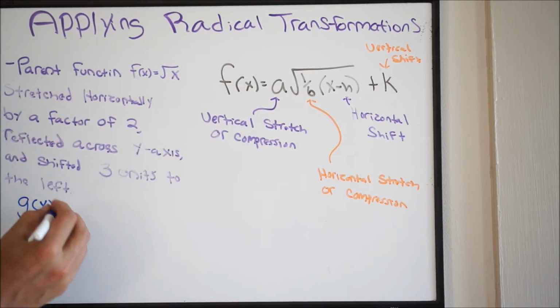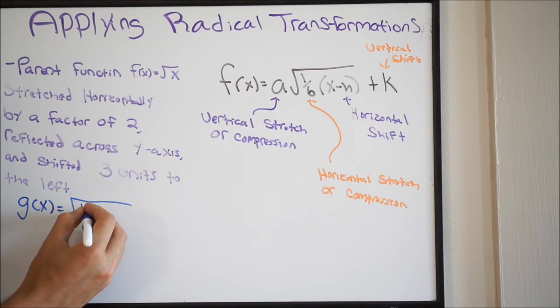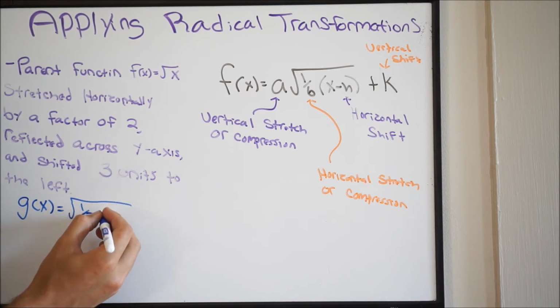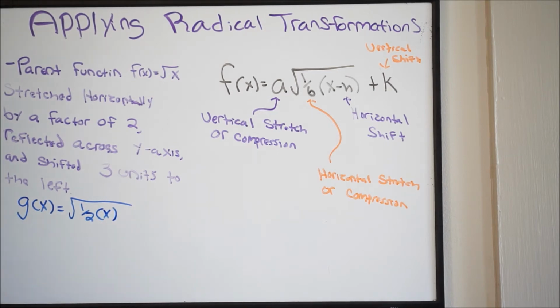So we're going to have the following here. We'll have the square root of 1/2, and then parentheses x here. Okay? Let's look at what we have next. Reflected across the y-axis. So remember, when we want to reflect something across the y-axis, we simply make the x negative.